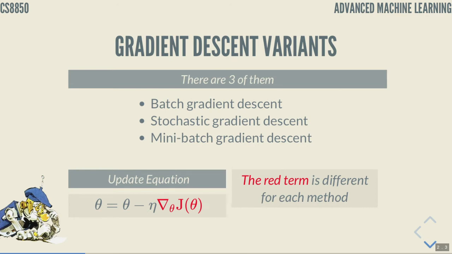Mini batch gradient descent evaluates a small sample instead of just x i. It takes x i plus, say, batch size, a range of samples.